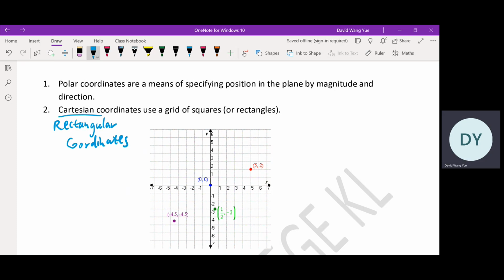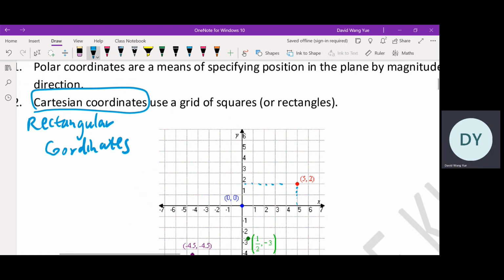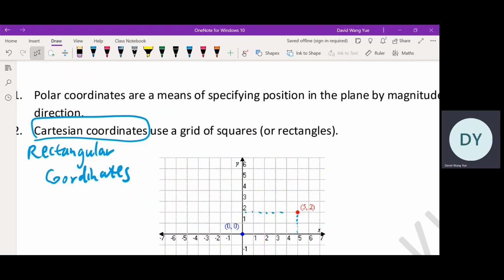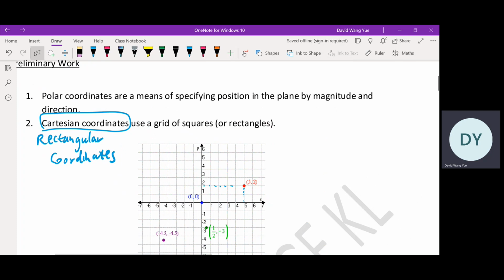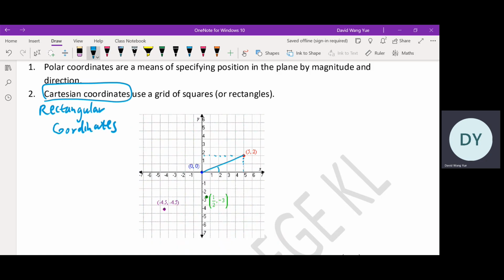The other name is Cartesian coordinates. So you have the x value, and then we have the y value. And then the polar coordinates, in fact, is to measure the distance from the point to the origin and also the angle. Okay, so this is polar coordinates.